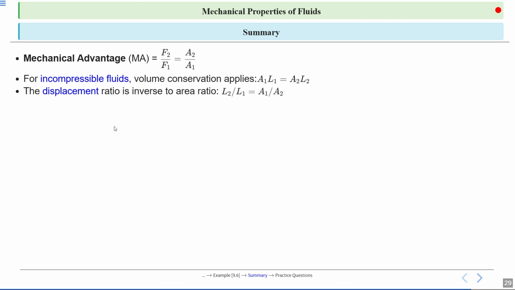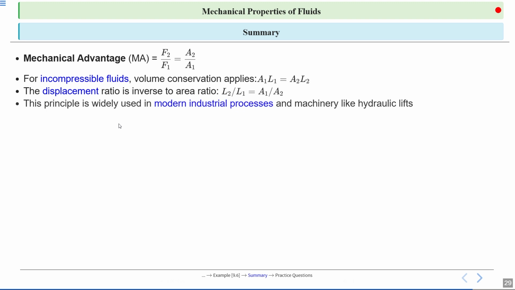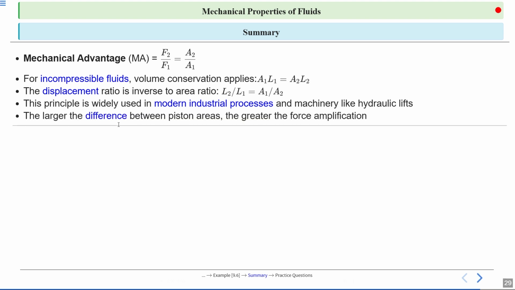The displacement ratio is inverse to the area ratio: L2 by L1 equal to A1 divided by A2. This principle is widely used in modern industrial processes and machinery like hydraulic lifts. The larger the difference between piston areas, the greater the force amplification.